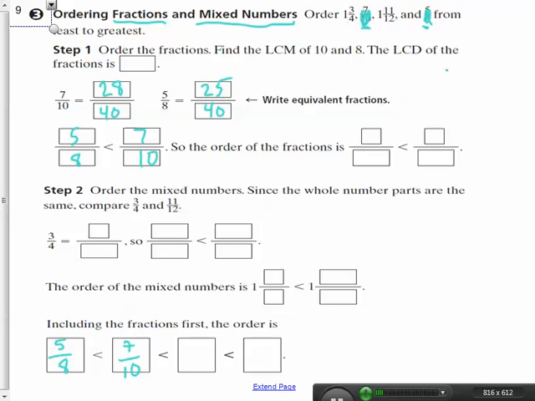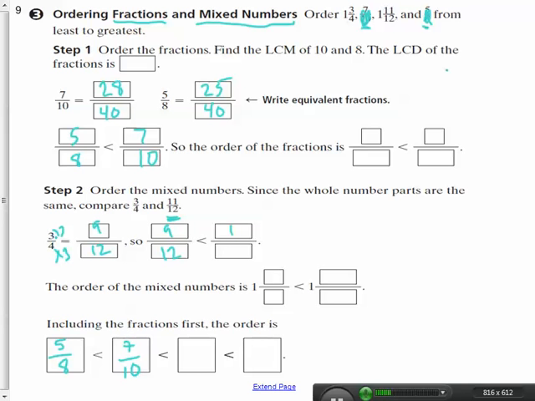So I know I'm done with those. I can mark those out. Now I'm looking at my mixed numbers. 1 3/4 and 1 11/12. 12 is going to be my common denominator, right? So to get to 12, I multiply by 3. So I'm comparing 9/12 and 11/12.